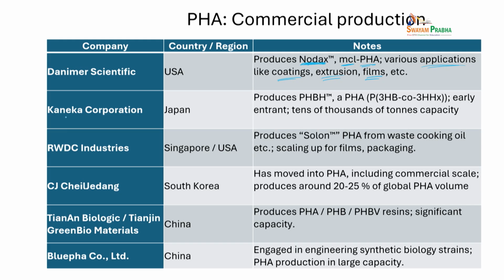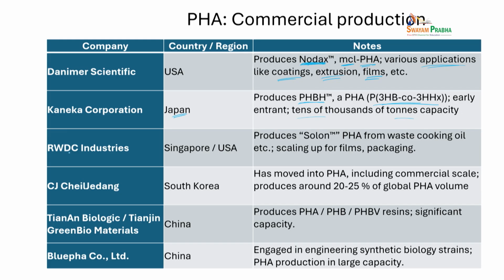And Kaneka Corporation in Japan is producing PHBH. It's basically a copolymer of P3HB and 3HHx, and it has a capacity of some tens of thousands of tons.